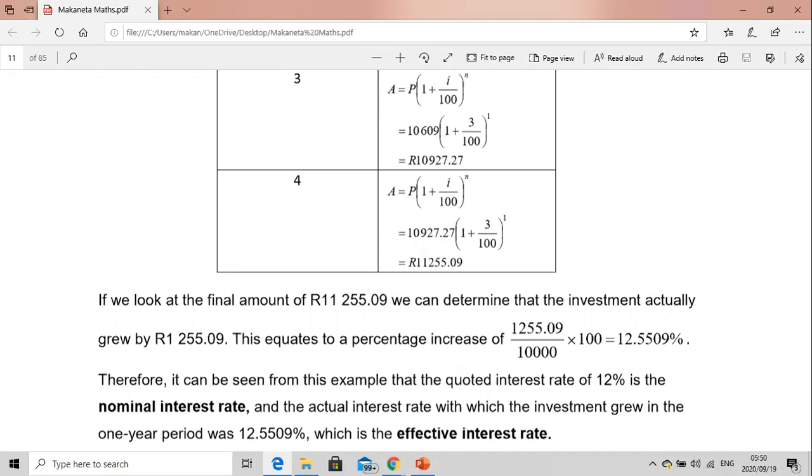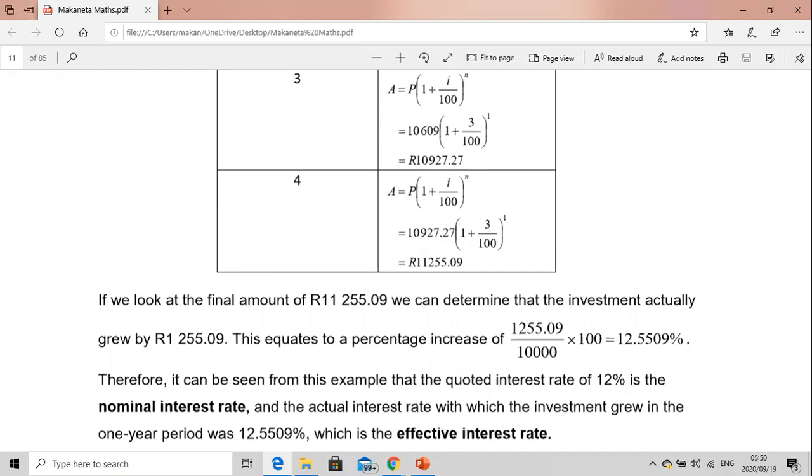Once more, this becomes your principal amount when we enter the last quarter of the year, meaning the fourth quarter. Once again, the interest is 3%, the year is just 1, and you again use the compound interest formula: A is equal to P into 1 plus i, all to the power n.